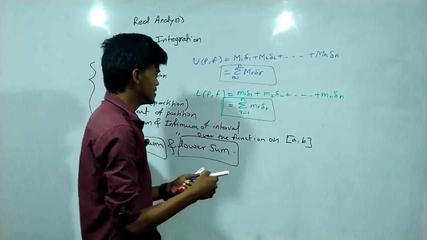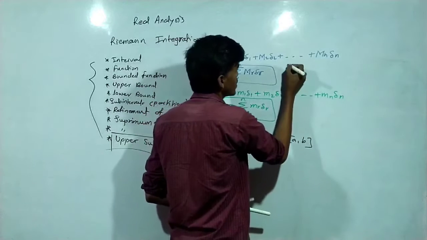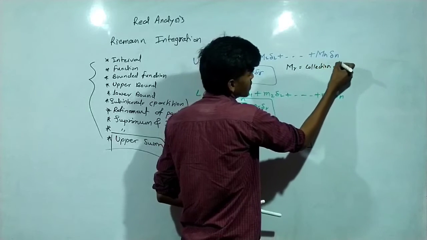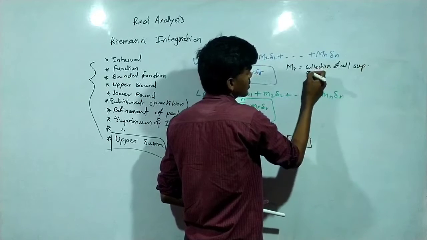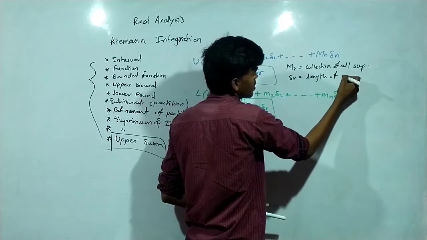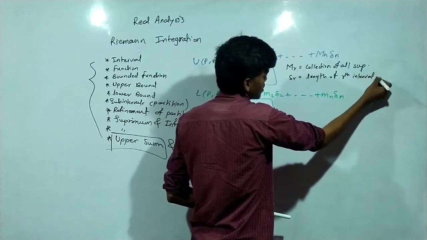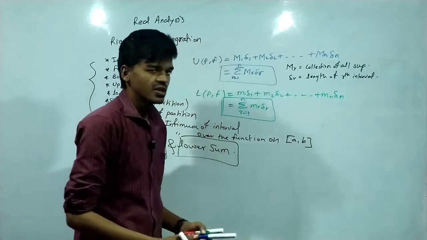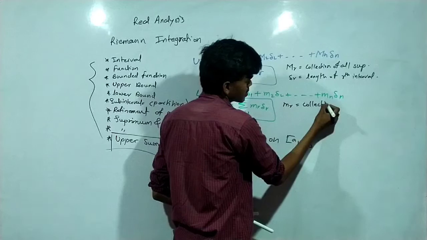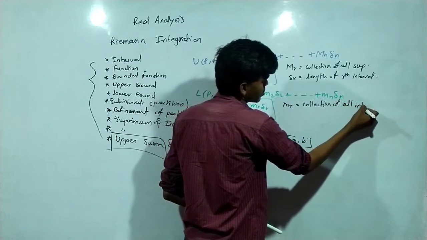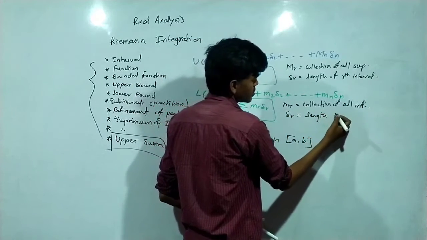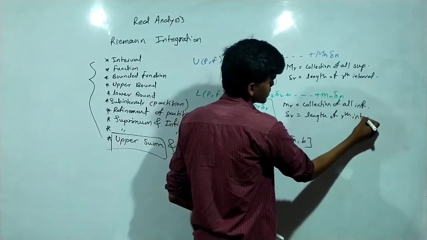Usually here capital M is the supremum, capital Mr is the collection of all suprema of f, and delta r is the length of the rth interval, that means the subinterval's length. And small mr is denoted as the collection of all infima of the function f, and delta r as usual is the length of the rth interval, or you can say subinterval.